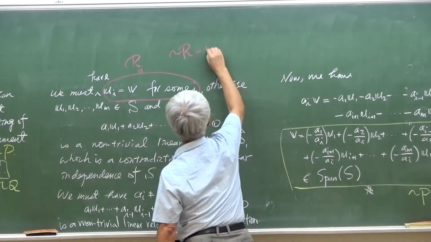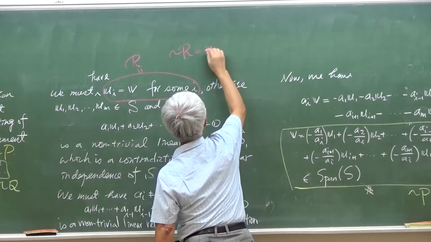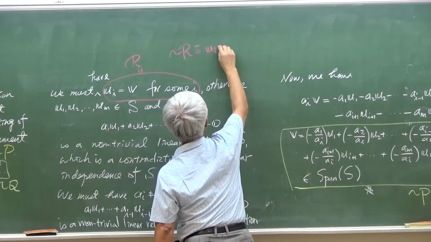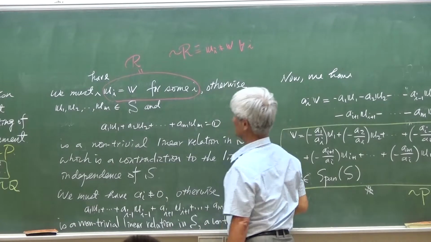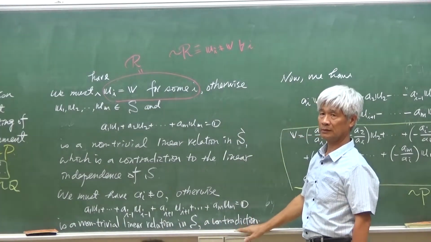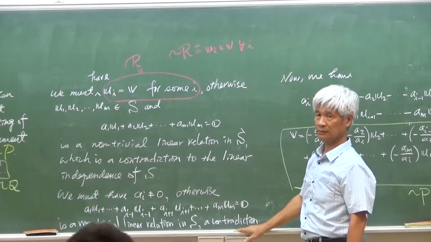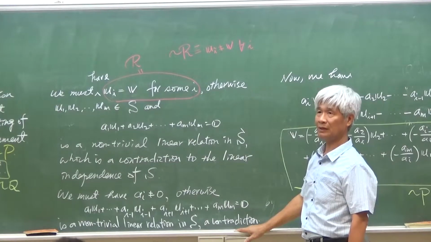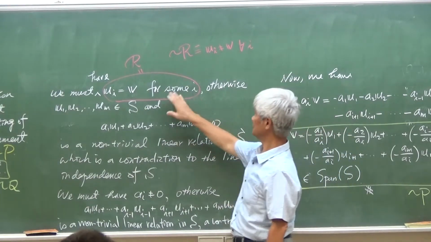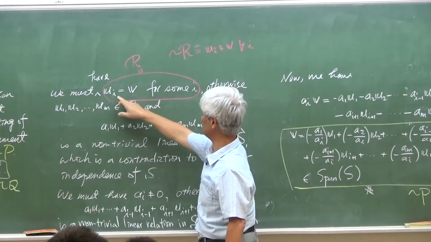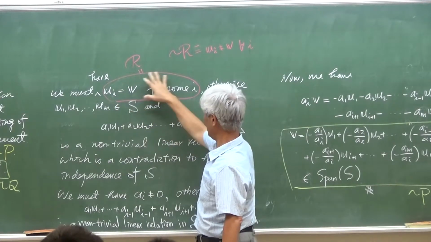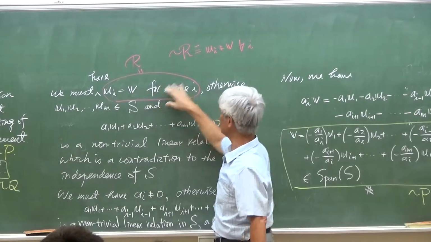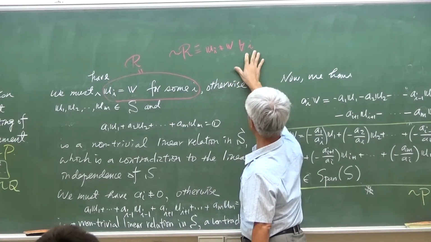Not R means ui is not equal to v for all i. Logically, for some i means that there is some i such that ui equals v, and the negation of this statement is that ui is not equal to v for all i.